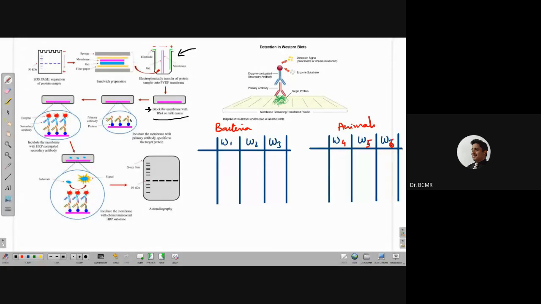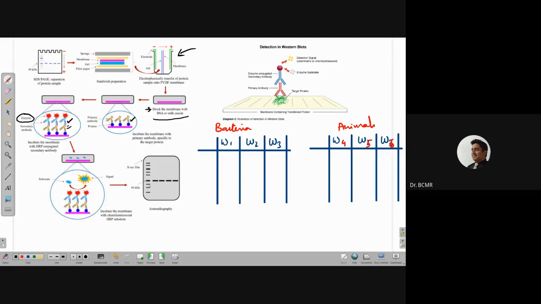And these are primary antibodies, those that have the CDR regions, complementarity determining regions of the antibodies, that can bind to the epitopes. They are usually monoclonal antibodies that are used. And then there is the secondary antibody, which is specific to the constant region of the primary antibody, and is usually conjugated with an enzyme.